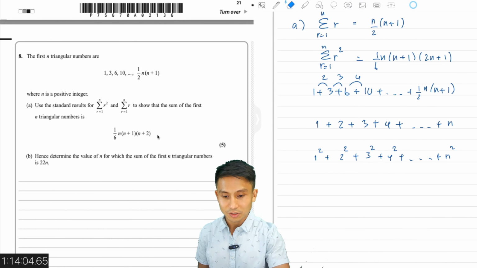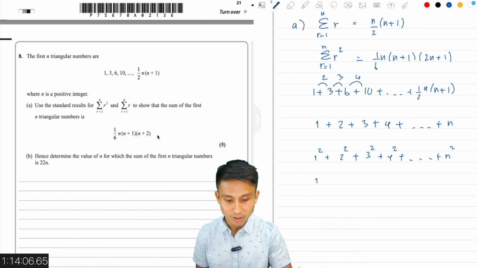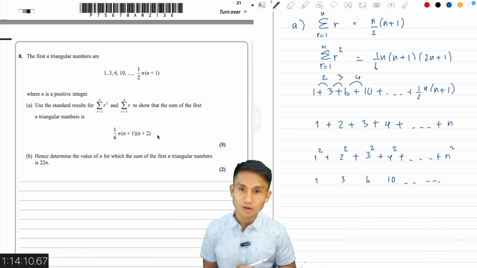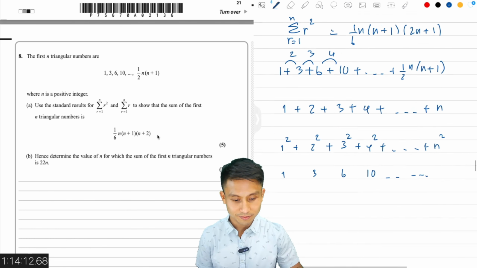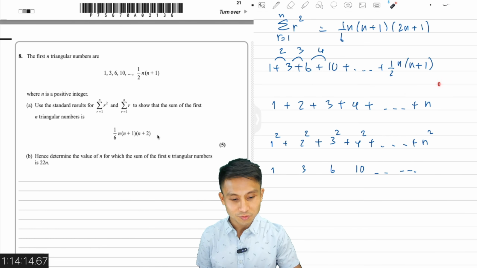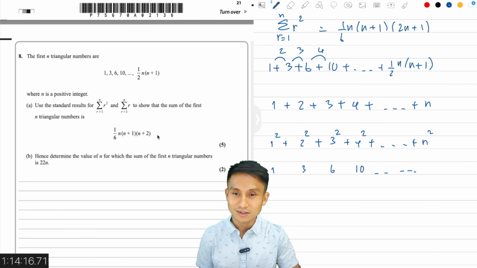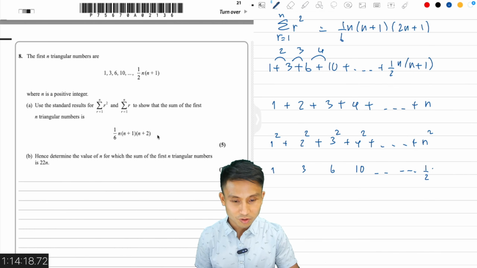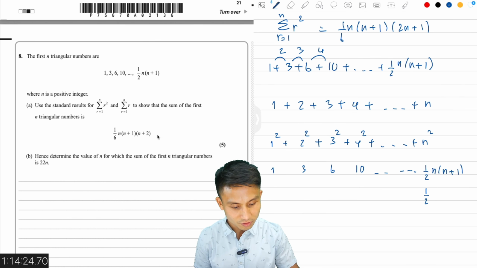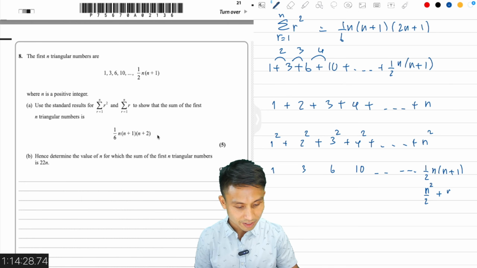I'm going to write the actual triangular numbers first. So 1, 3, 6, 10. Think about how we got that. Oh, hang on. Wait, the last one here. Okay, I forgot to consider the last term. We have 1 over 2 times n times n plus 1. If we simplify that, that's n squared over 2 plus n over 2.